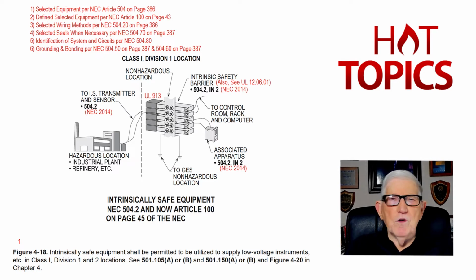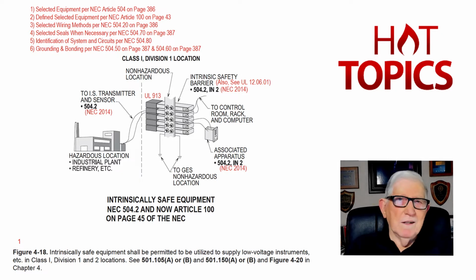Now, in the 2014 edition, 504.2 Informational Note 2 defined intrinsically safe systems. Now it's Article 100, Part 3, page 45. And you'll find in the 2023 edition that all the definitions in the code now have been moved into Article 100 and the parts done away with.